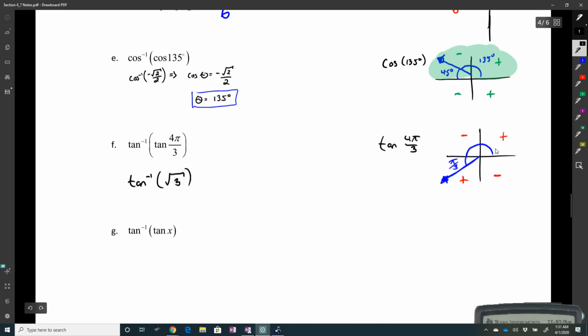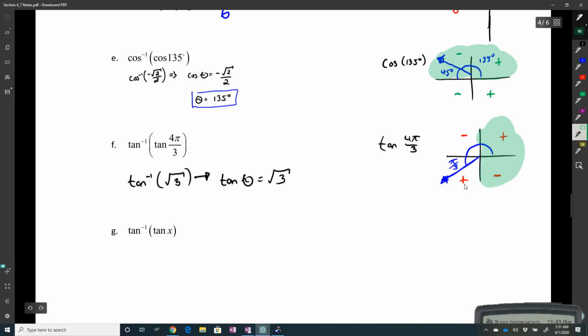Well, the answer that they're asking me, the tangent of what angle is square root of 3? Well, my answer has to be in quadrants 1 and 4. But the angle they gave us is in quadrant 3. So this is one of those cases where they don't just cancel out and you end up with the same thing.